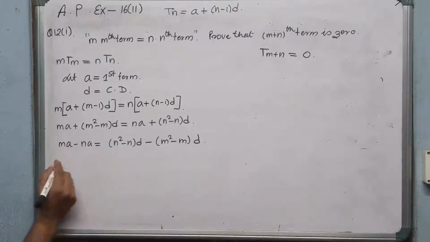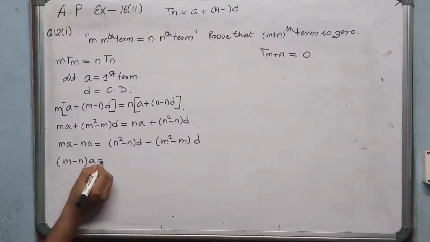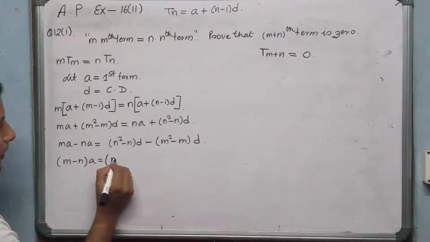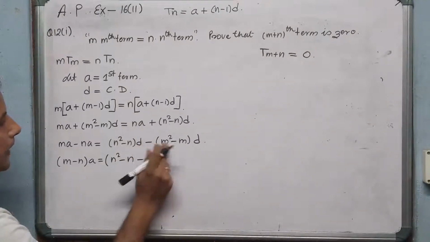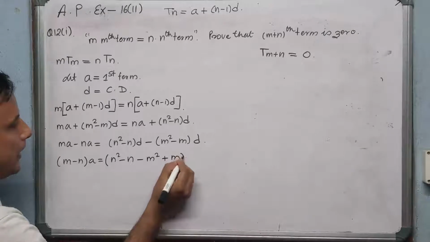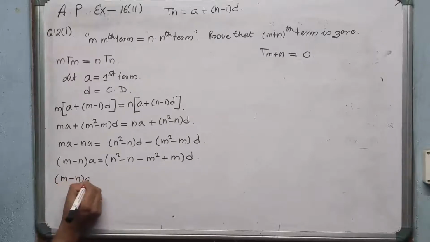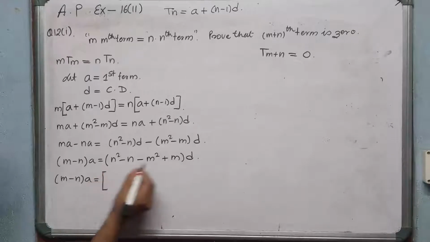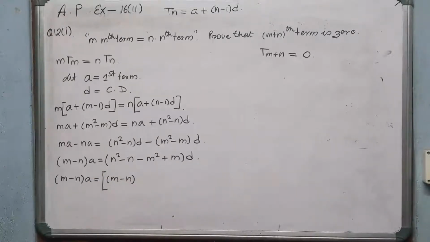Now from these two expressions I'll take a common. If I take a common, it will be (m minus n) into a. Now from these two expressions I'll take d common: (n square minus n minus m square plus m) into d. Now I'll make these things similar. I'll write m minus n first.